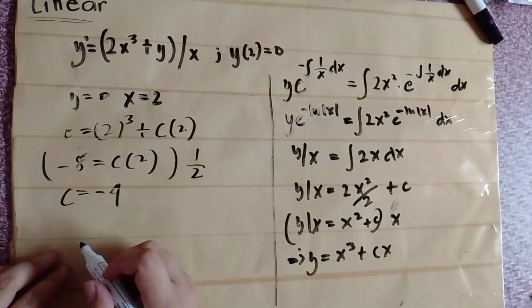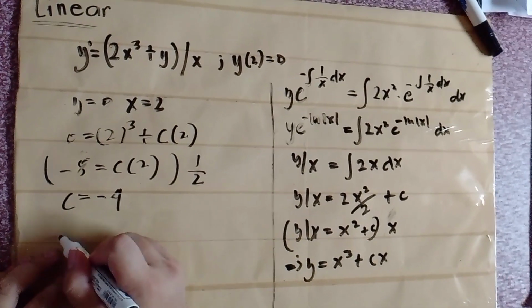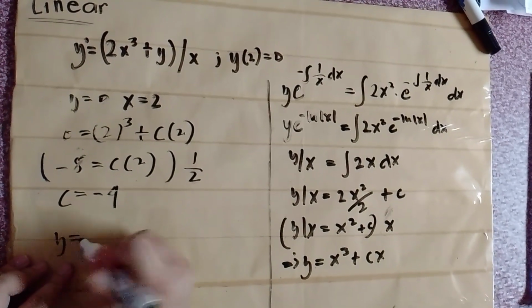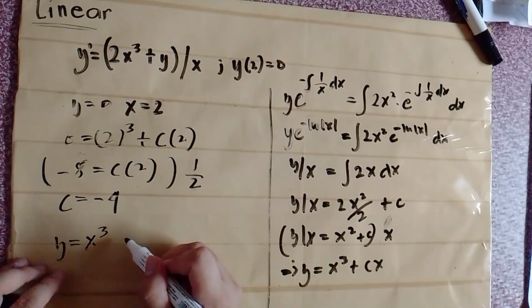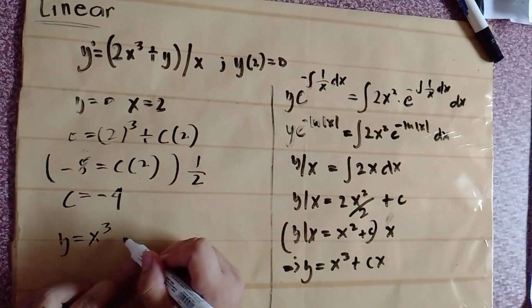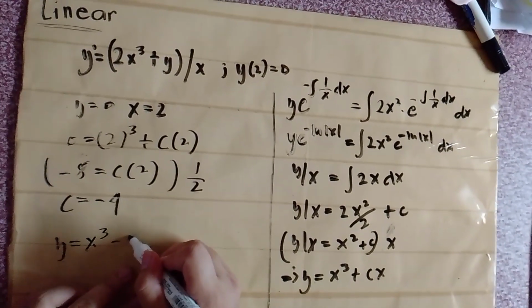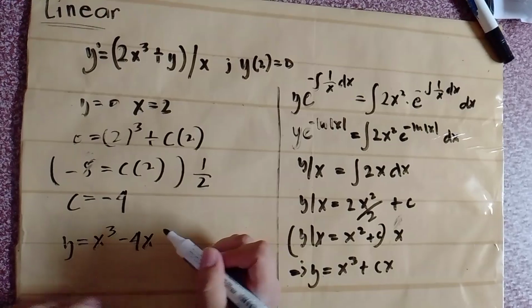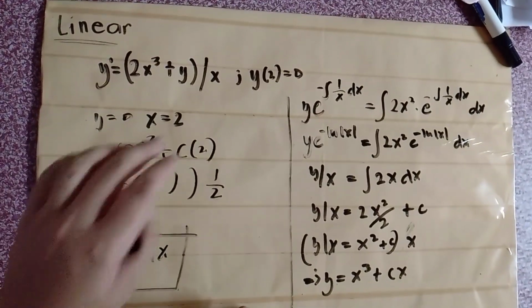Now for our final answer, we have y is equal to x cubed, and the value of our c is negative 4, so let's simply substitute the value of c, which is negative 4x. So this is our answer for this equation.